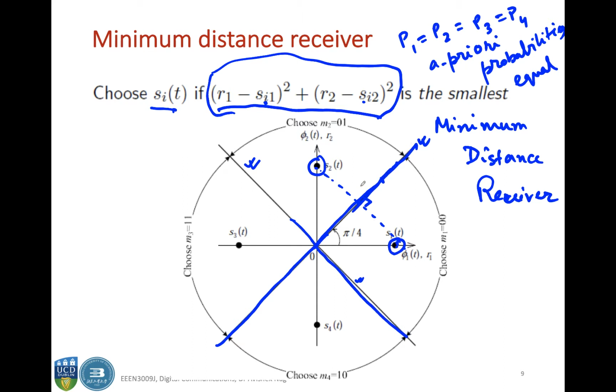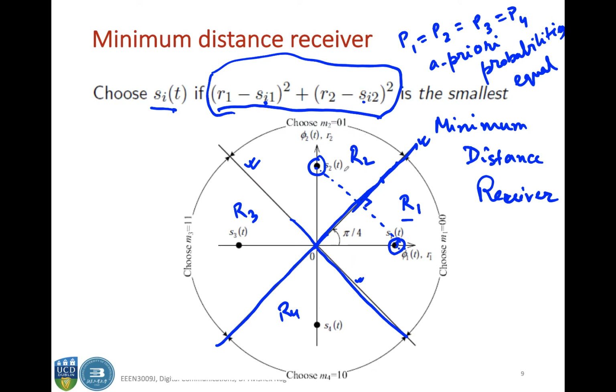You can see that you have divided the signal space into 4 regions. This is region 1, this is region 2, this is region 3, and this is region 4. Each of these regions corresponds to one of these signals: R1 is for S1, R2 is for S2, R3 is for S3, and R4 is for S4.